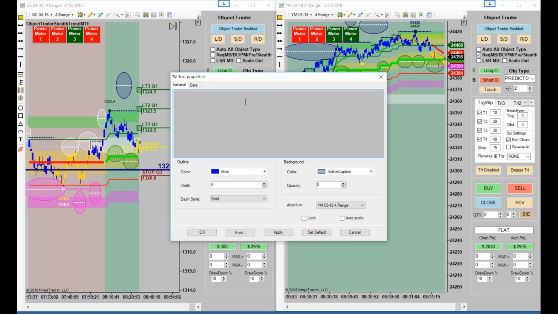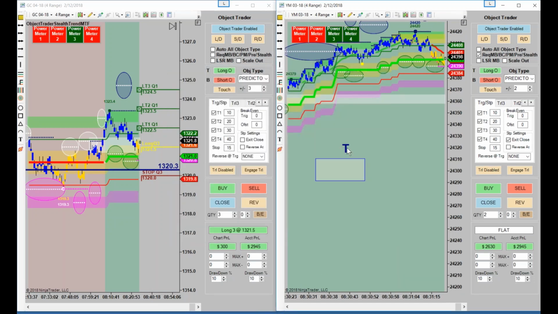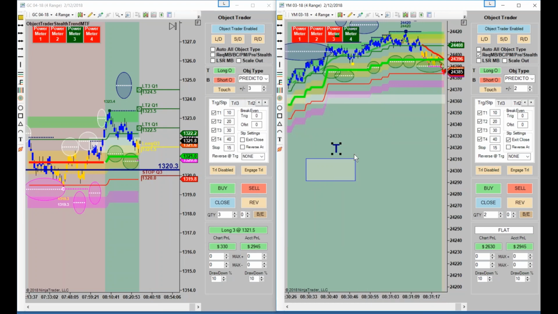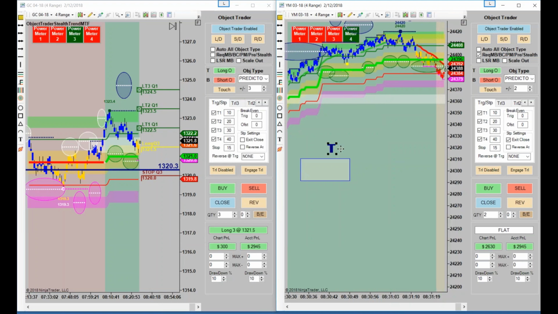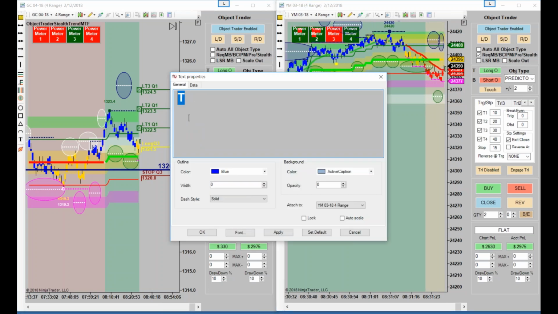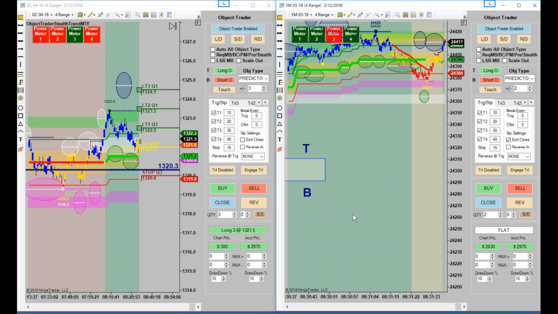Big old T. And probably needs to be in black. Or at least navy or something like that. Okay, and then I'm going to copy this and paste it and bring it down here and change that one to a B. Okay, always think of your region.